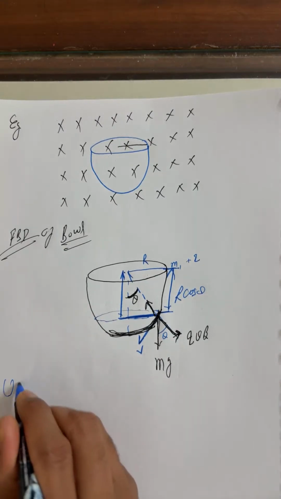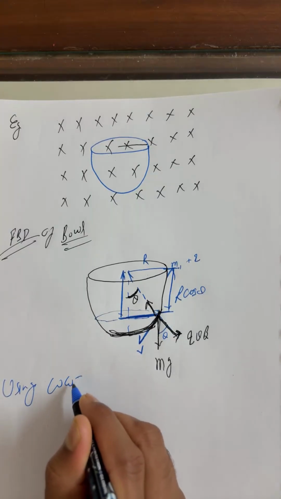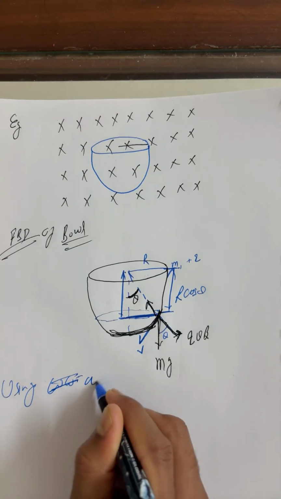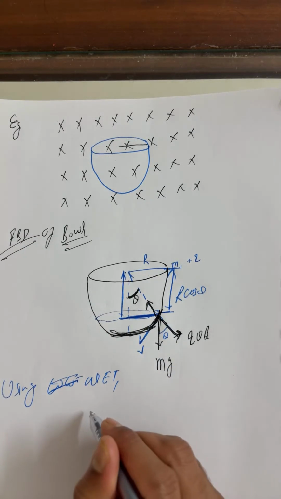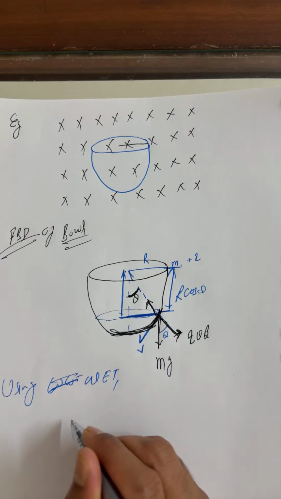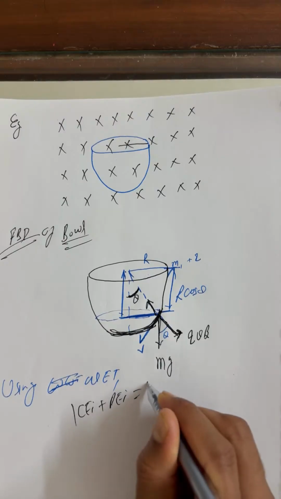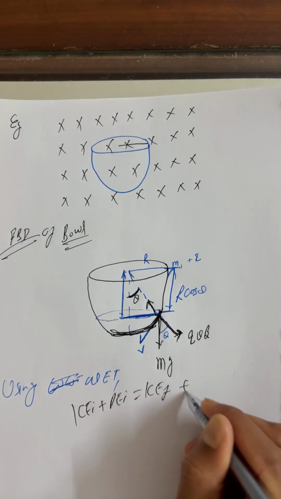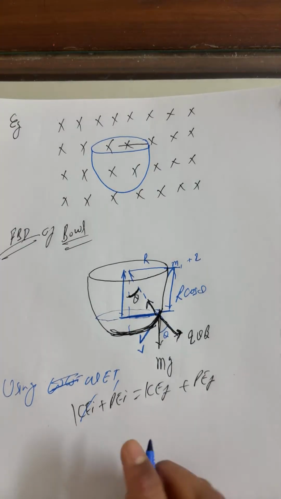Using the work energy theorem, kinetic energy initial plus potential energy initial equals kinetic energy final plus potential energy final. The particle doesn't have initial kinetic energy, so it has only initial potential energy.